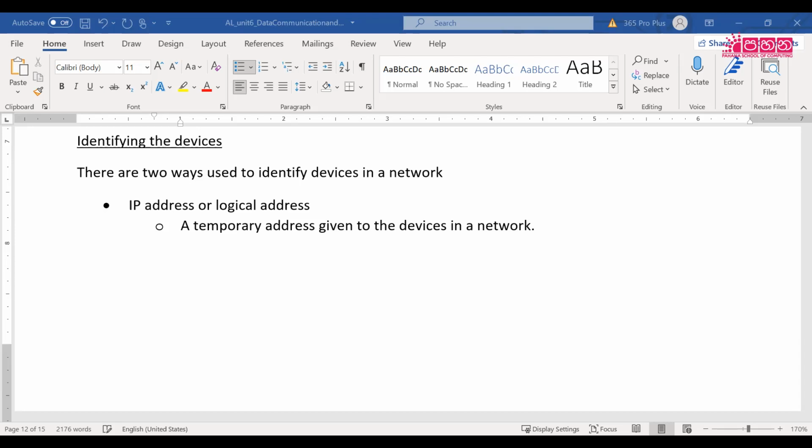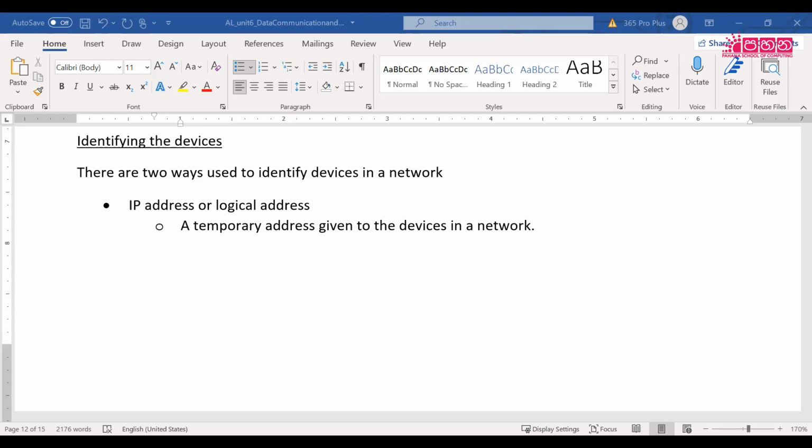That means 256 numbers in total. So using 8 bits, you can represent 256 numbers, and that means the size of the IP address is 4 times 8, that is 32 bits, or 4 bytes. Remember, that is very, very important.